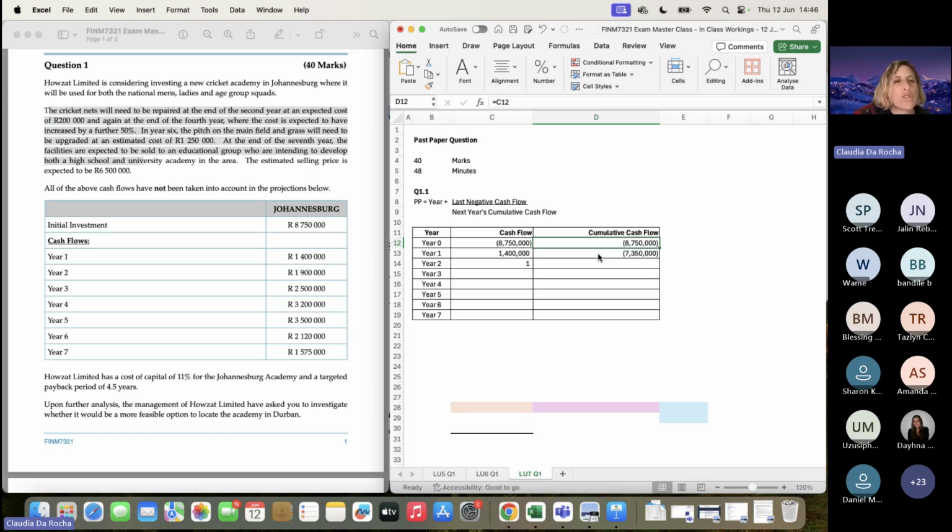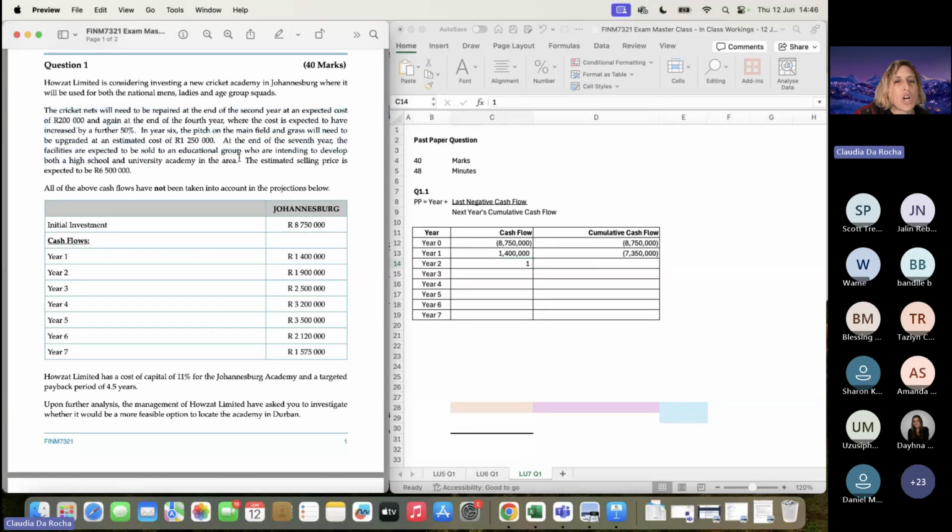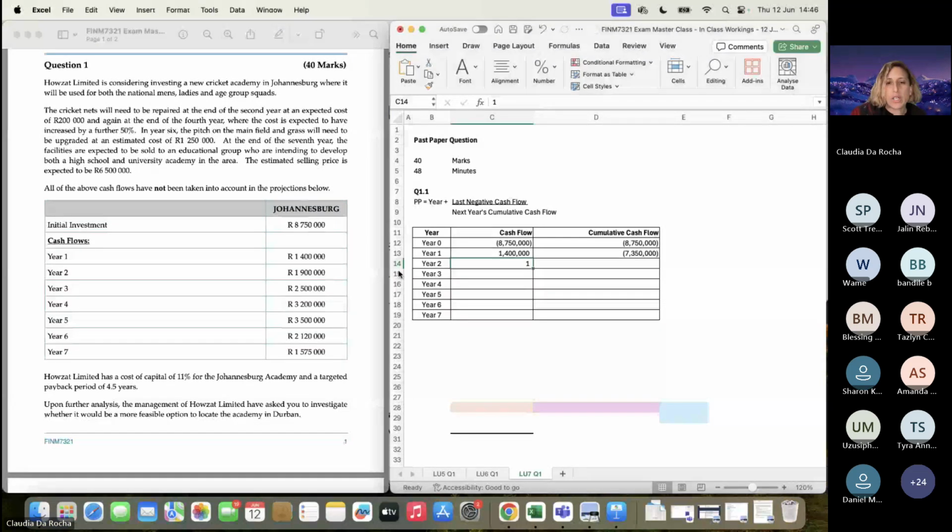Then in year two, it said that we had an expected cost of 200,000. So we have to factor in our cost now, which means we have to do a calculation.